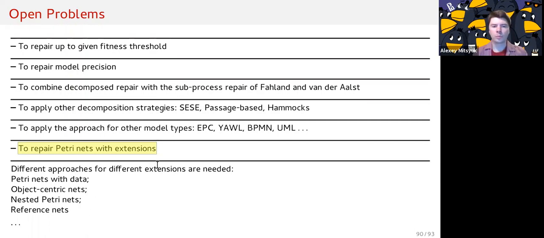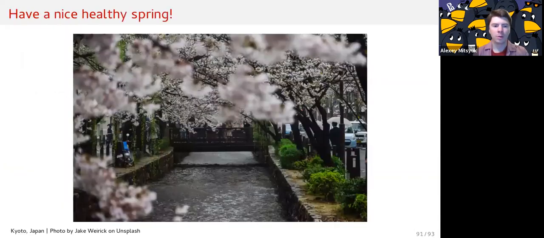But for example, for Petri nets with data, object-centric Petri nets, or nested or reference nets, for now there are no approaches to automatically repair such models based on data from some real-life information system.